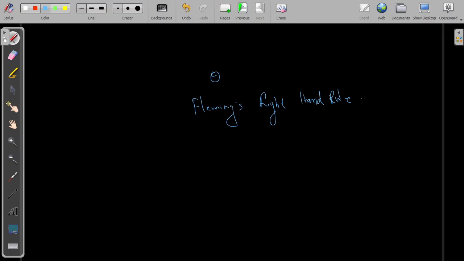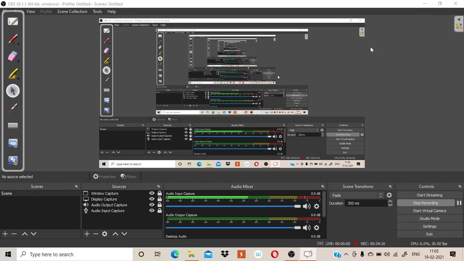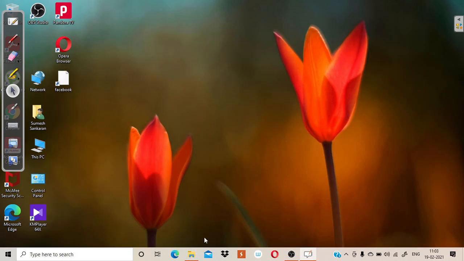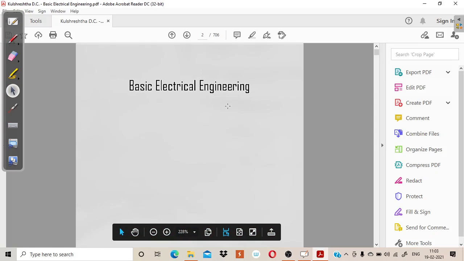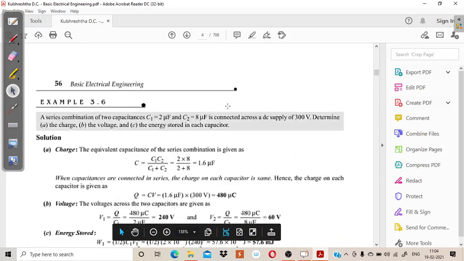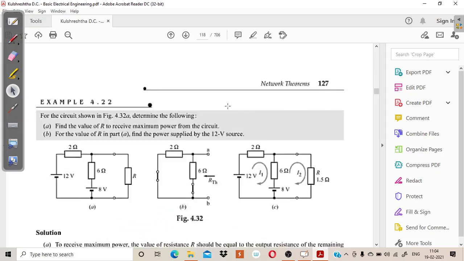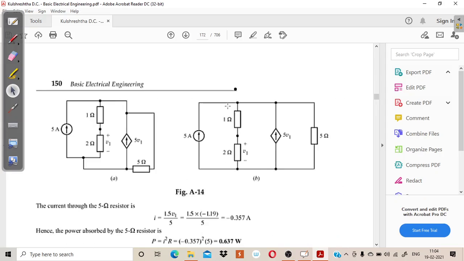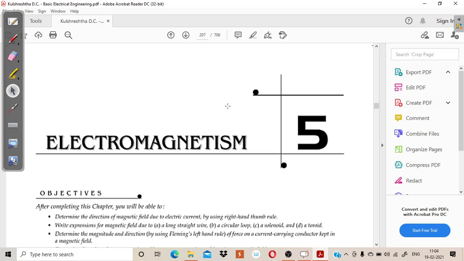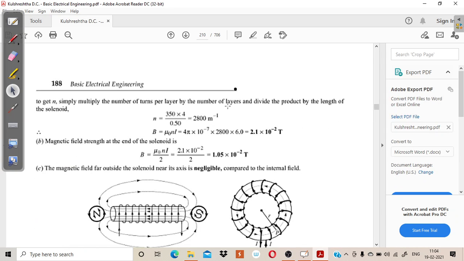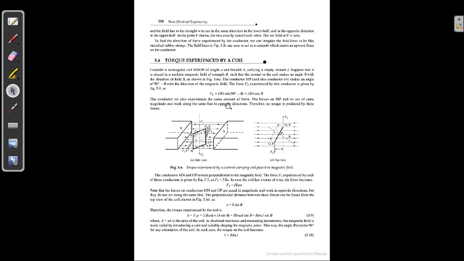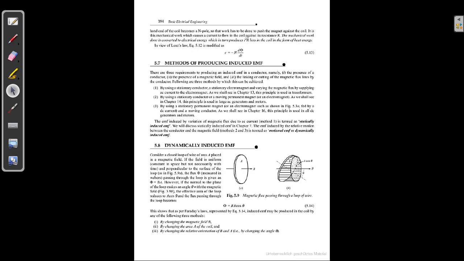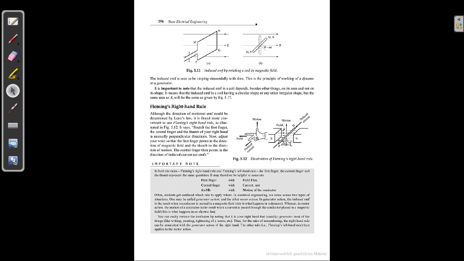Now consider a method that produces the dynamically induced EMF in which the conductor is moved in a uniform magnetic field, like this.